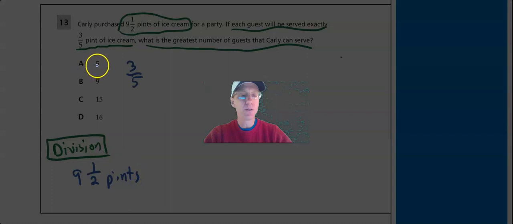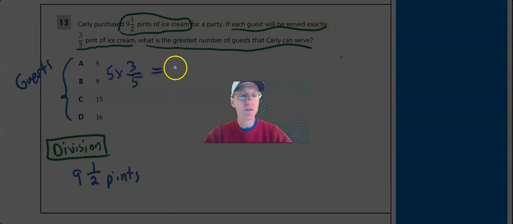So what if we say, here's 5 guests, because that's what these are. The question is how many guests? So here they are, there's our guests. So if we say 3/5 times 5, so if there's 5 guests, so 5 copies of 3/5 equals, and again, you can either think of it as, I could put it over here on this side, 5 copies of 3/5. Maybe that's the easier way to think about it.